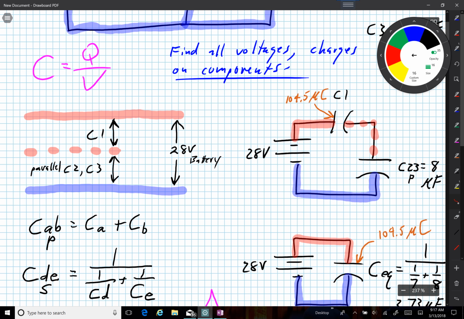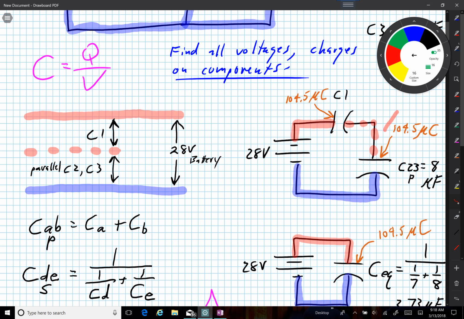And as we saw yesterday, that ripples through in series. Any capacitors in series will get the same charge on the plates. Remember, this capacitor and this capacitor are in series, so they get the same charge on the plates. 104.5 microcoulombs.